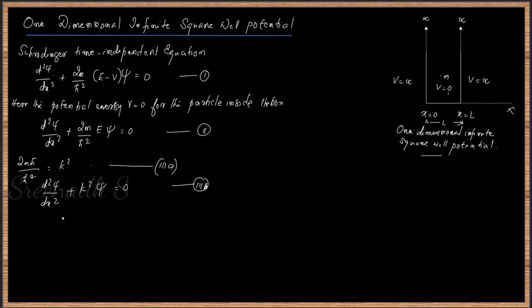So we have a differential equation, d square psi by dx square plus k square psi is equal to 0. What is the possible solution of this equation?